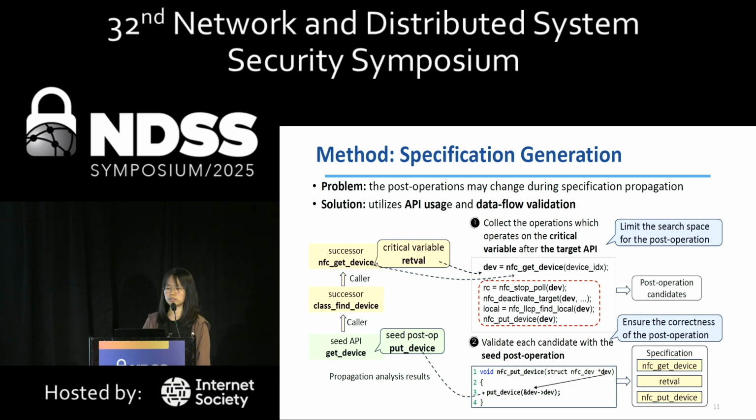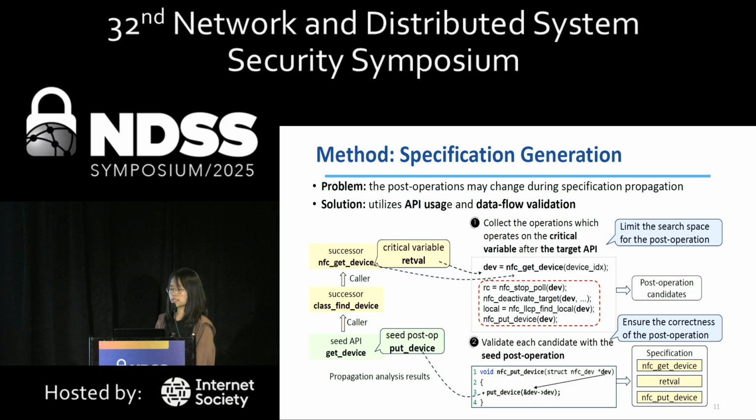API usage helps to identify candidates for the post-operation, and data flow validation helps to determine the correct one. For example, the post-operation for get device is put device here, and this remains the same for the classified device API, but for NFC get device, the post-operation changes.